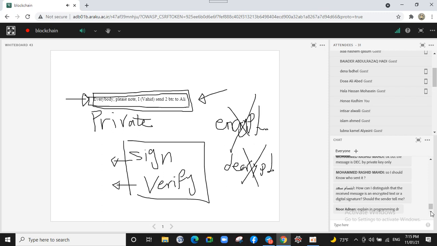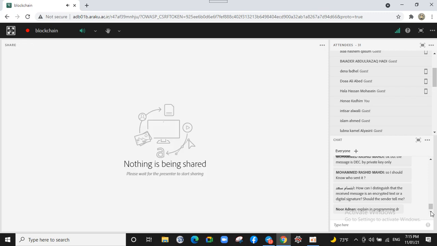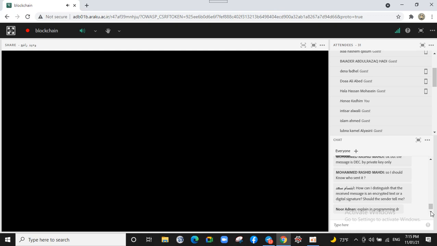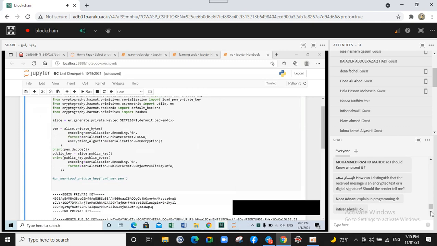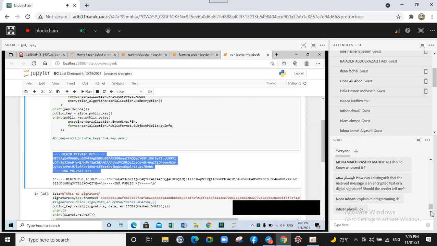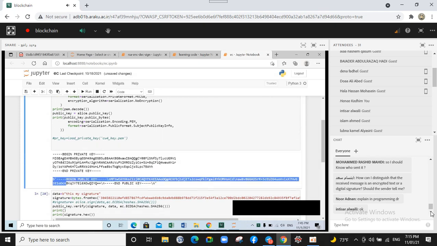I explained the programming just 5 minutes ago. This part, if I run, this is a private key, this is a public key.